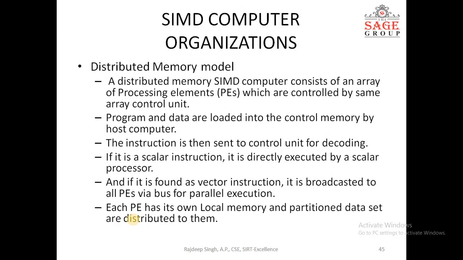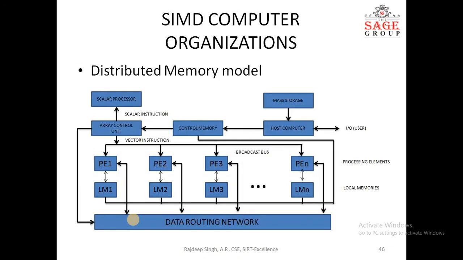In both models, the concept is exactly the same. The data and instructions are loaded into the control unit. This control unit will decide after decoding whether the instruction is scalar or vector. If it is scalar, it will be executed by a scalar processor. If it is vector, it will be distributed among processing elements.